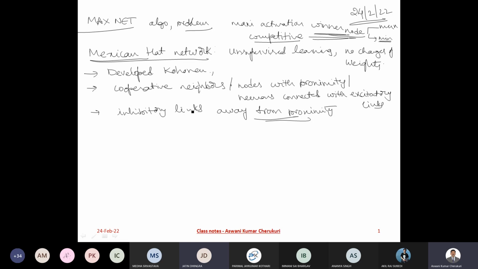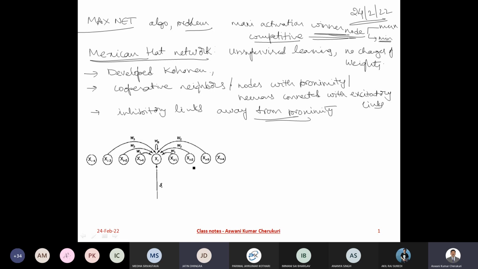Now, when you have that kind of a network, let us see how the network architecture looks. This diagram shows the network architecture. Are you able to see the network?